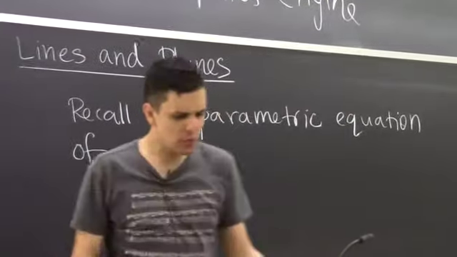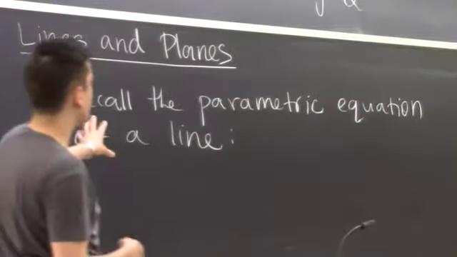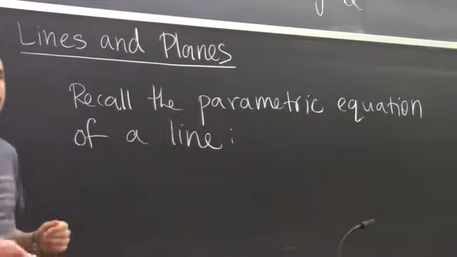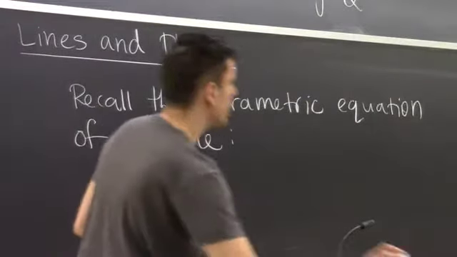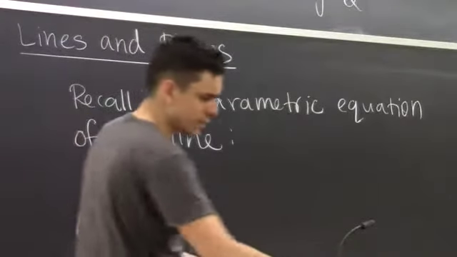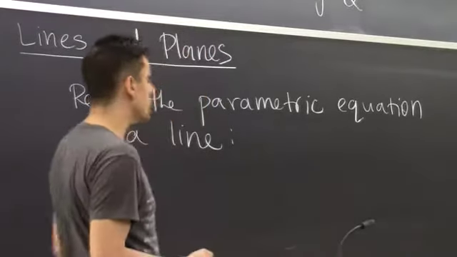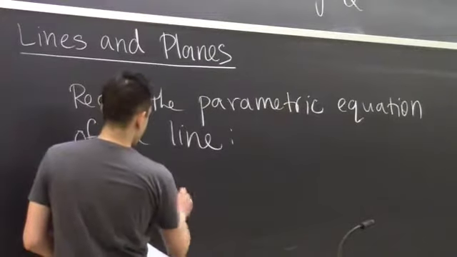Take a moment and either look up from last lecture or try and recall this thing that we call the parametric equation of a line. So try and write something down, see if you can remember it. In the last lecture, we were calling the following the parametric equation of a line.